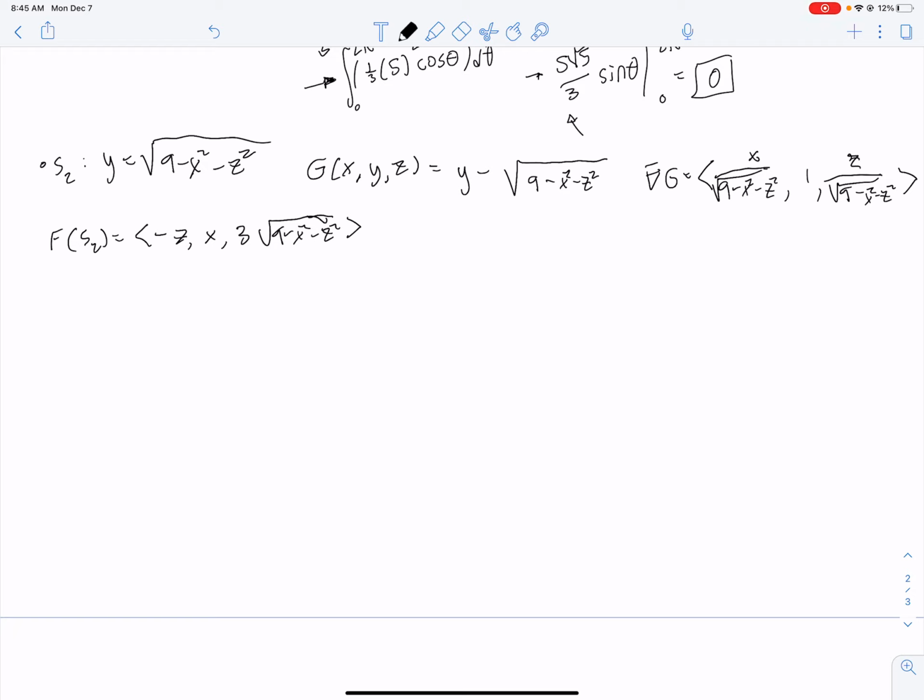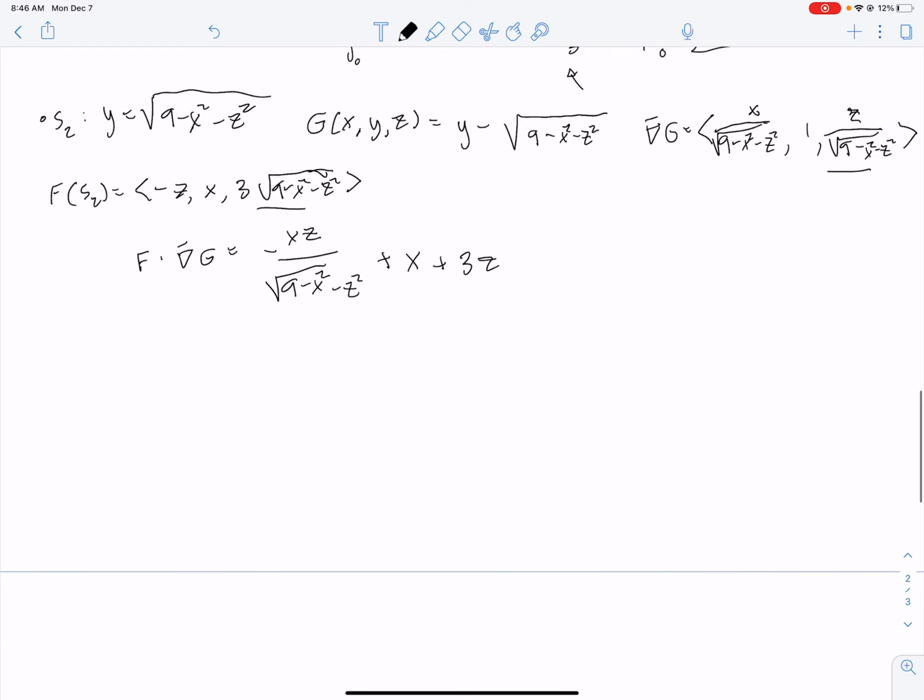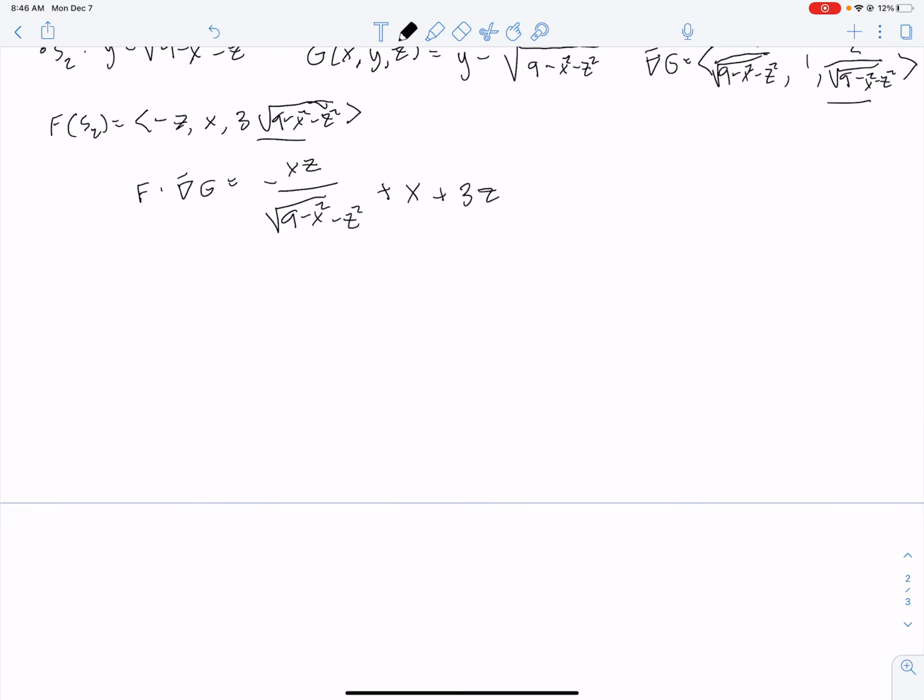And we already know our del g, so we can find f dot del g, which comes out to negative z squared plus x times 1, which is x, plus, in these components the square roots cancel out, so we just get 3z. And this would be our integrand to our surface integral. So we're pretty much ready to go.